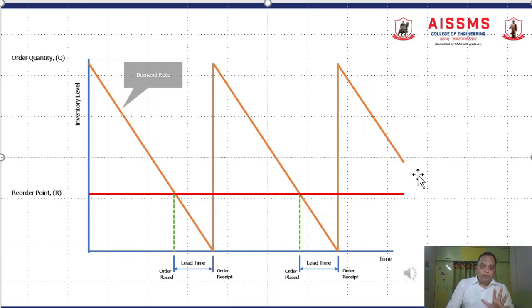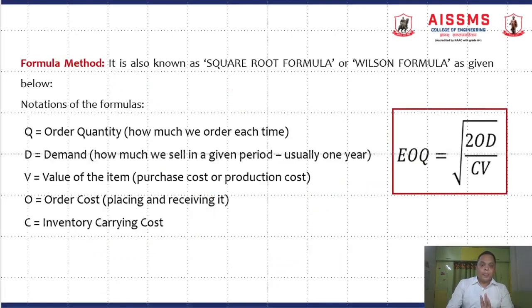Now we will try to understand how to solve an EOQ problem with the help of a formula. The formula method is also called the square root formula or Wilson formula. The notations are given. Q is the order quantity, so how much we order each time.